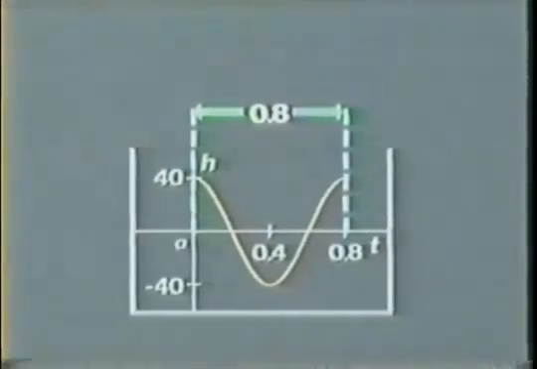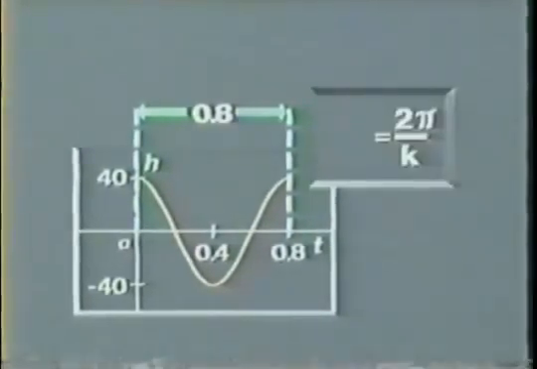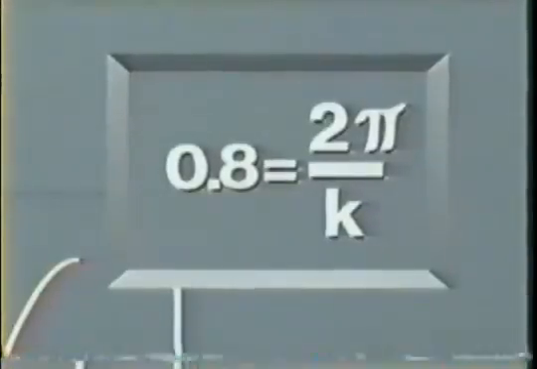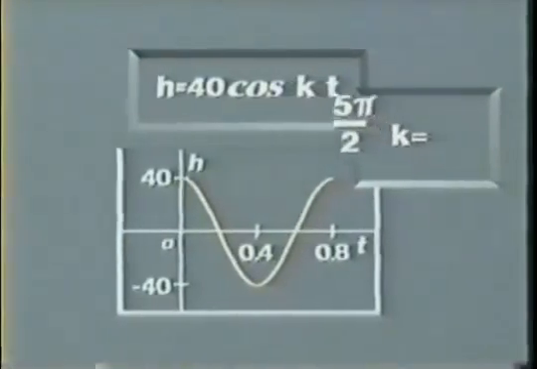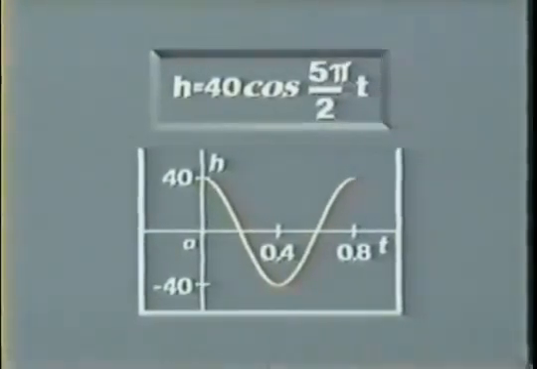The period is 0.8, which must equal 2 pi over k. So k equals 5 pi over 2. And finally, the equation for the height of the air valve is h equals 40 cos 5 pi over 2 t.